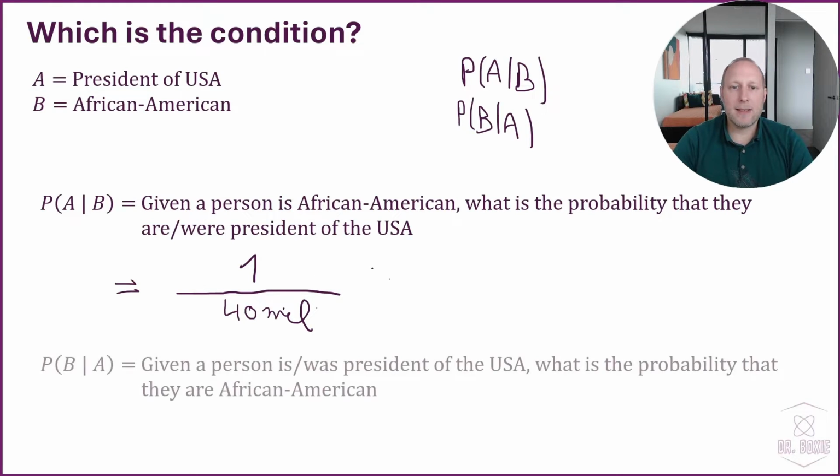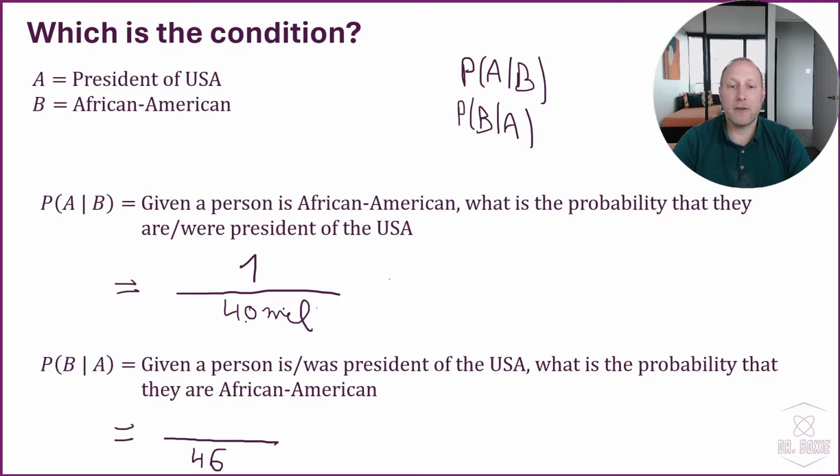Now compare this to the changed probability, the probability of B given A. So that is, given that a person has been or is president of the US, what is the probability that that person is African American? Well, the answer to that is, in the denominator, we're looking at all the people who are or have been president of the US, and there have been 46 of them.